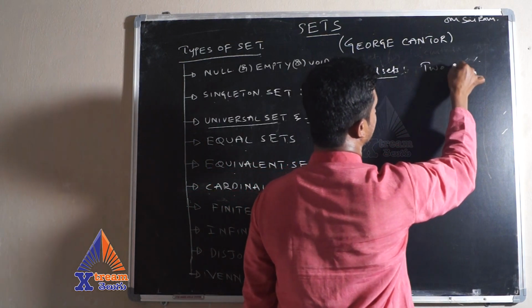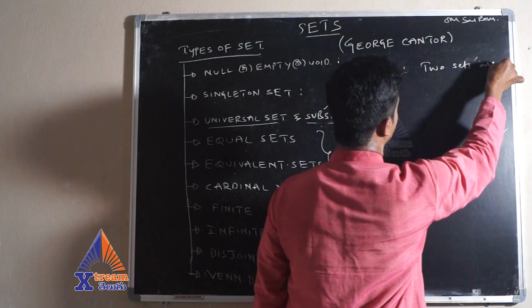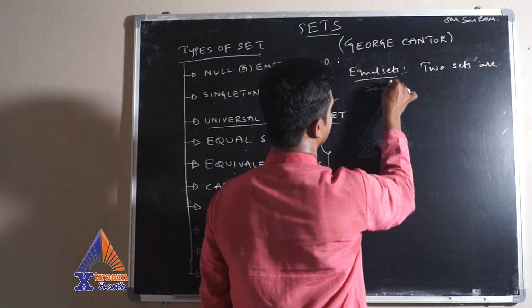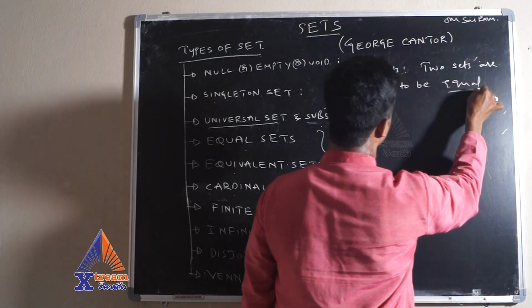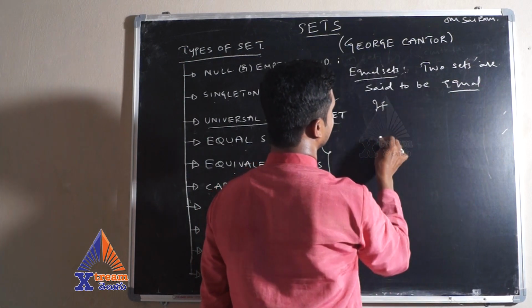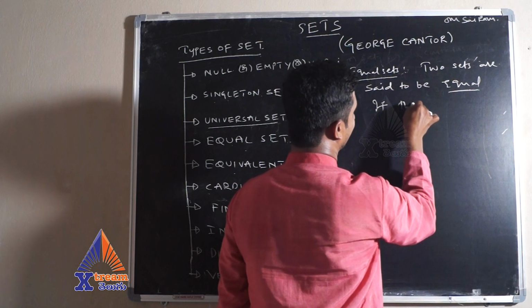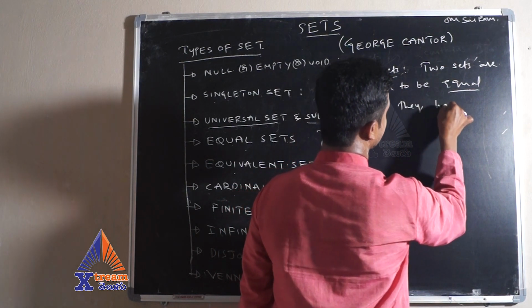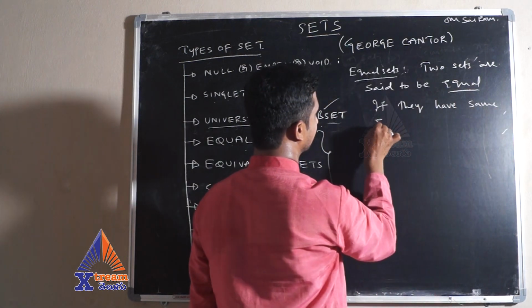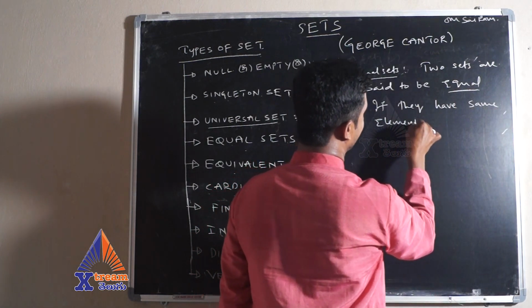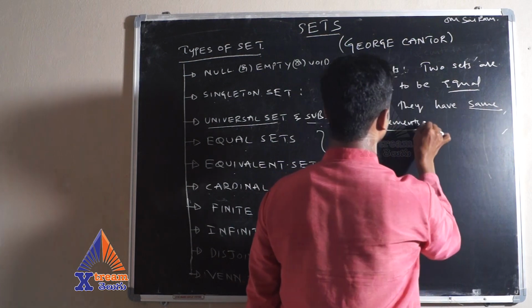Two sets are said to be equal if they have the same elements.